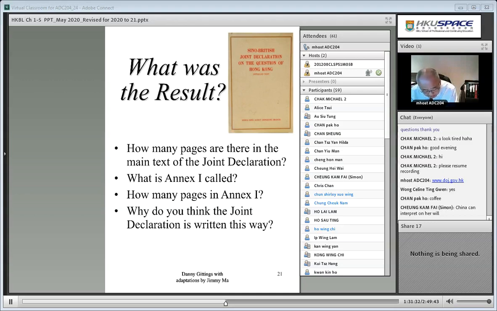The Hong Kong SAR will enjoy a high degree of autonomy, except in foreign and defense affairs, which are responsibilities of the CPG. So the question is asking you to identify 3 articles which reflect the above basic policy.